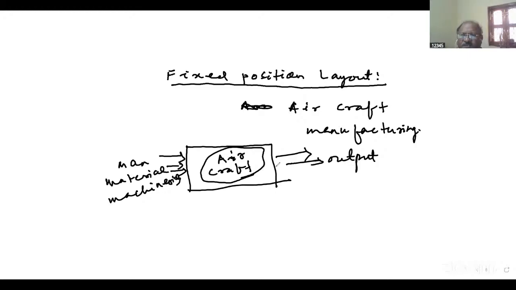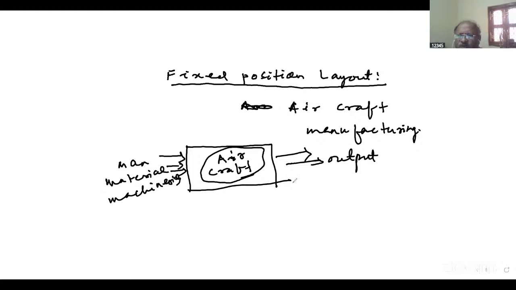Other examples are shipbuilding, aircraft manufacturing, power plant construction, where the large and complex project remains stationary and resources are moved to it. That means man, material, and machinery are brought to one fixed location where these products are being manufactured. Am I right or not?